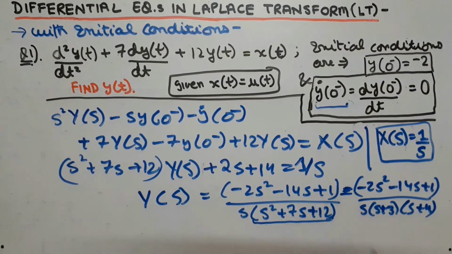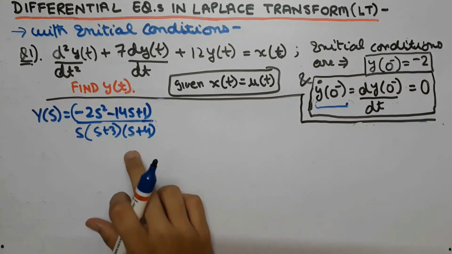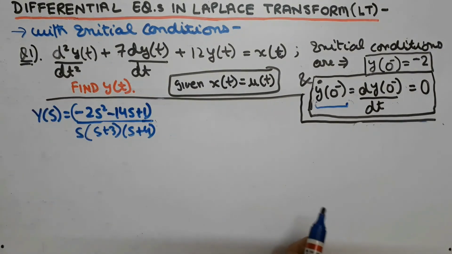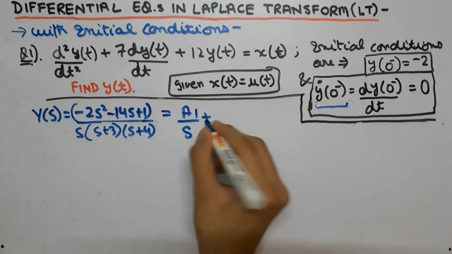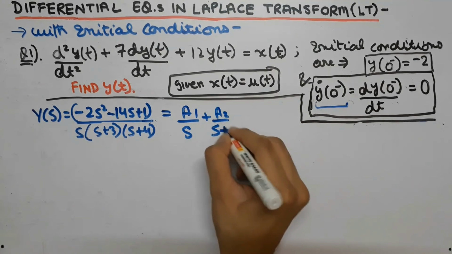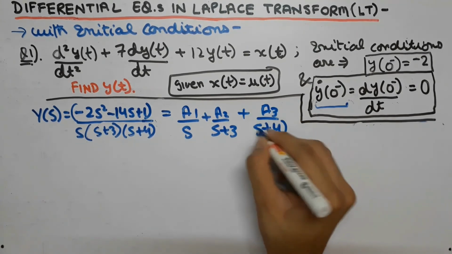Now guys, we are going to apply partial fraction over this, and then we will use ILT formulas and get the value of y(t). Previously you obtained this value of Y(s). Now we are going to write this in the form of a partial fraction, that is, we will write a1 upon s plus a2 upon s plus 3 plus a3 upon s plus 4.